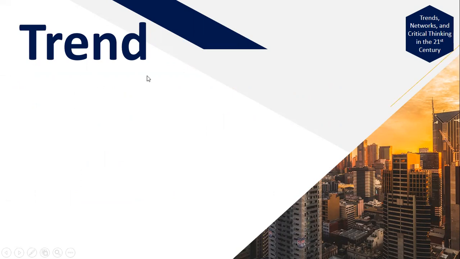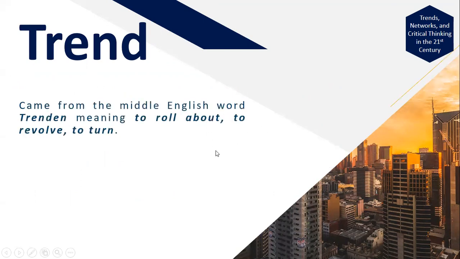So ano nga ba ibig sabihin ng trend? When we say trend, the word trend came from the Middle English word trenden, meaning to roll about, to revolve, or to turn.